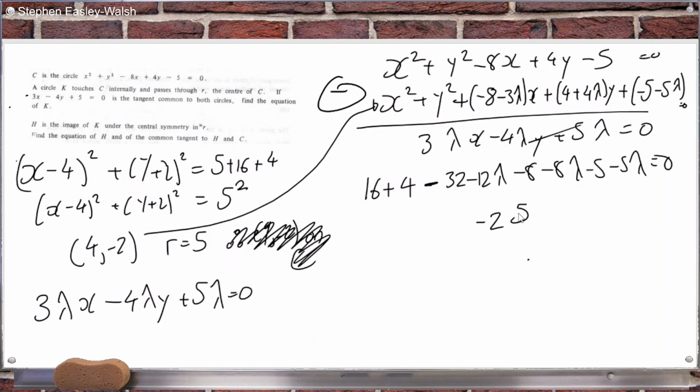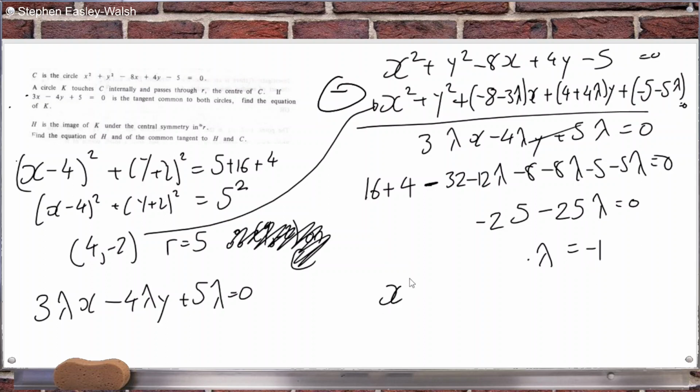And then minus 12, minus 8, minus 5, that's -25λ. So that means lambda equals -1, I think.